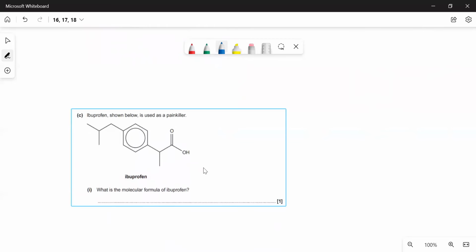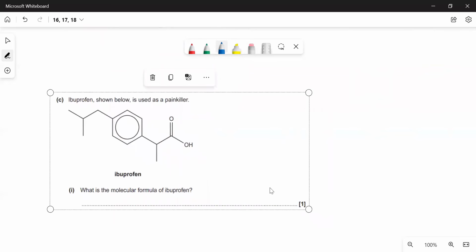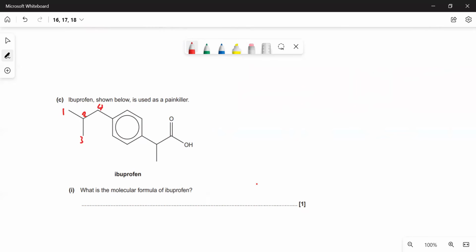Right, ibuprofen. I've got the structure of ibuprofen there. What's the molecular formula of ibuprofen? Well, let's count up the carbon atoms. So I've got 1, 2, 3, 4. We've got 6 in the ring. So 4 plus 6 makes 10, 11, 12, 13. Now, rather than do the hydrogens individually, there's a quick way of doing this, but let's do it the long way around.